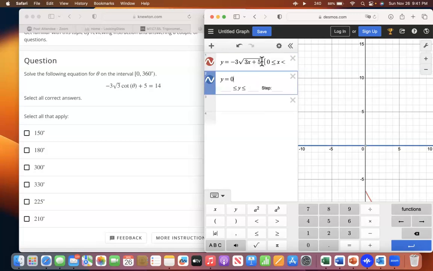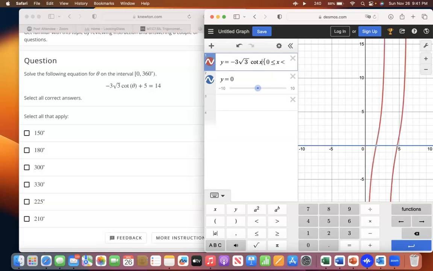Nope, that won't work. You've got to go to the right of that cotangent. Keep on forgetting that it doesn't automatically pick it up.